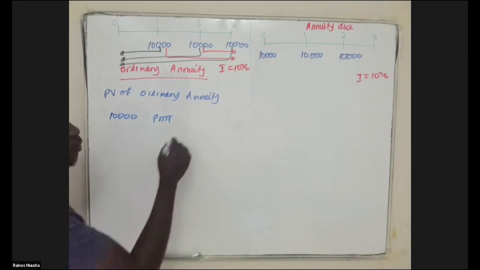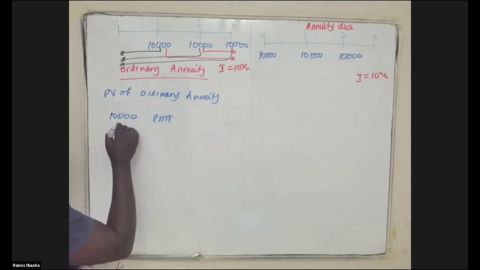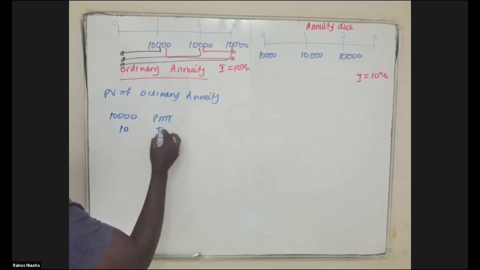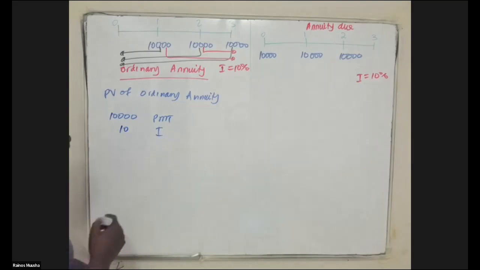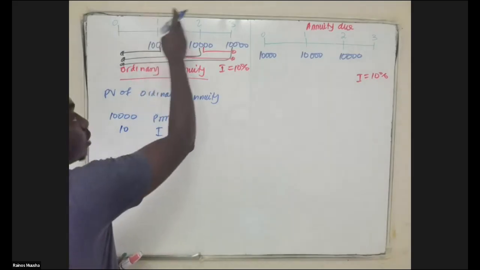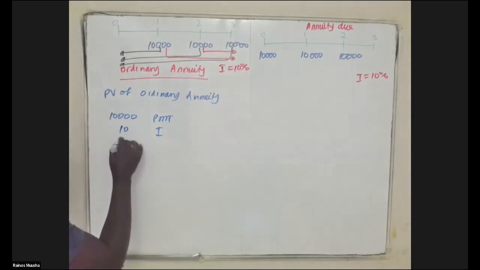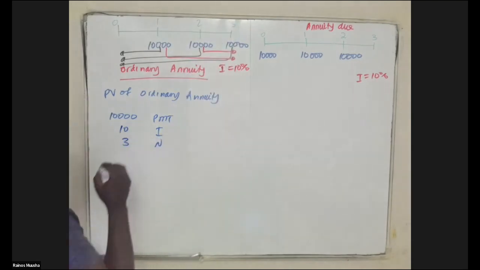What else are we given? We also know that 10 is the interest. How many periods are we dealing with? We're dealing with 1, 2, 3 periods. So 3 is your number of periods.